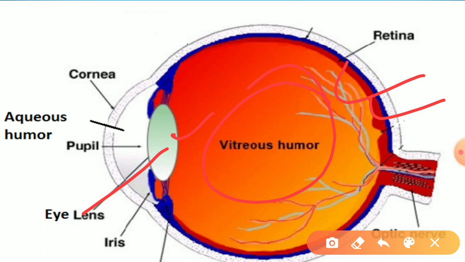The nerves which connect our eye with the brain are known as optic nerves. The muscles responsible for keeping the eye lens at its correct position are known as ciliary muscles.